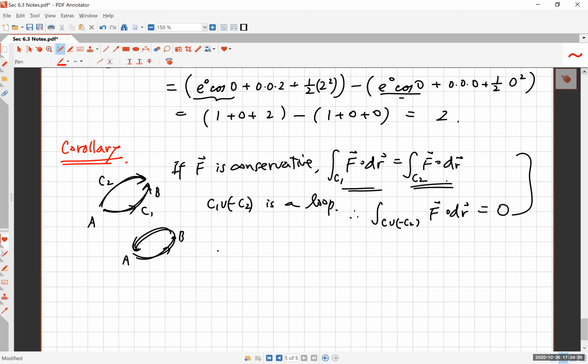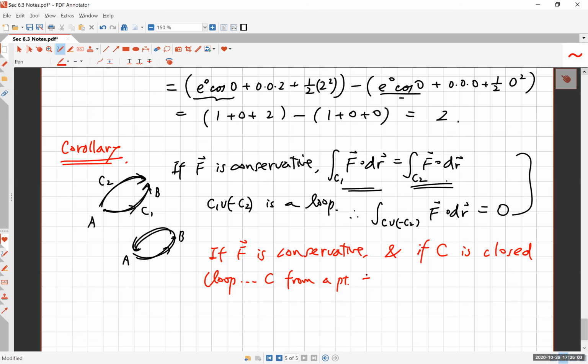The corollary is if F is conservative and if C is closed, that means C goes from a point to the same point.